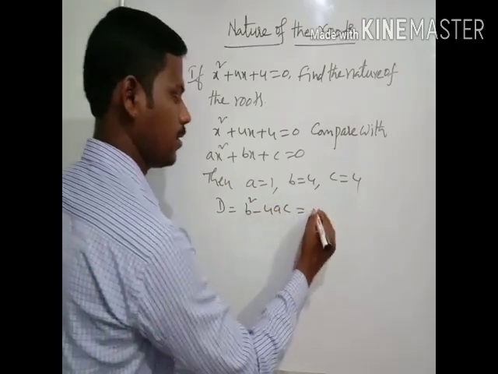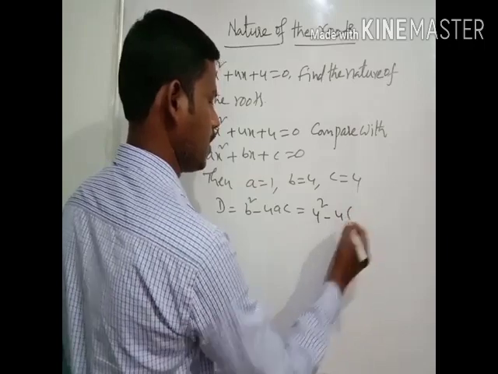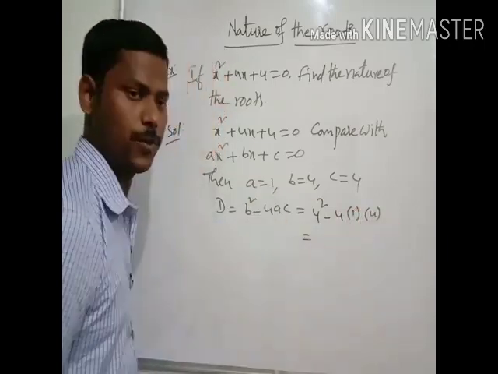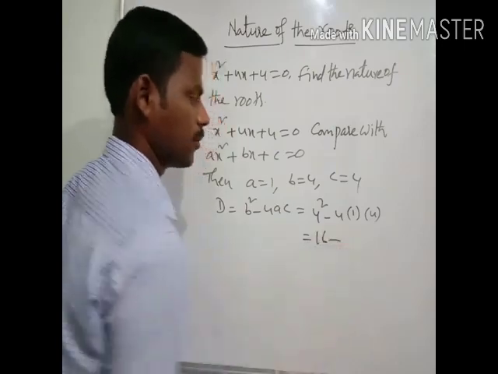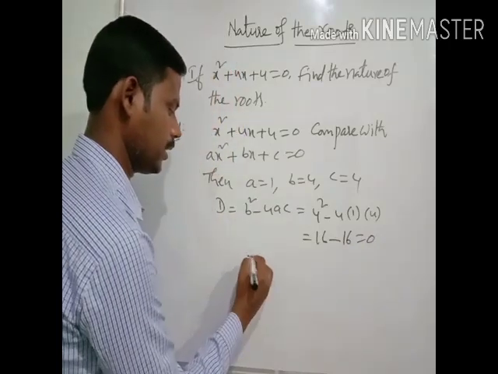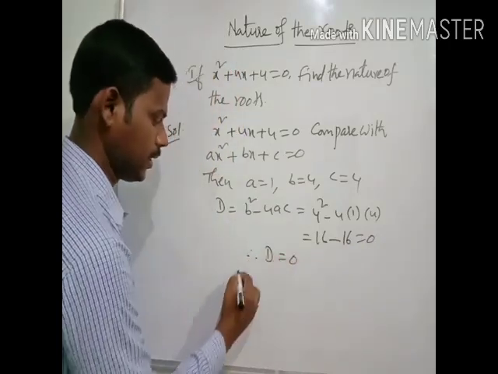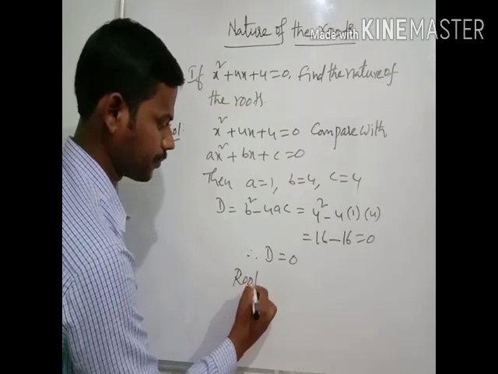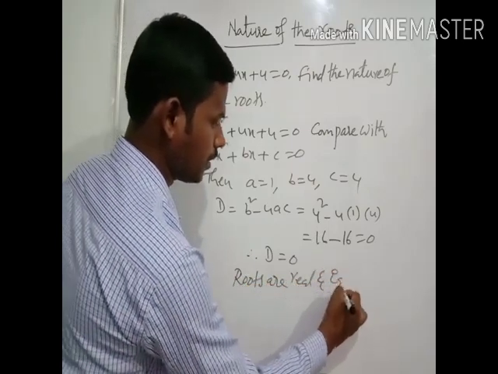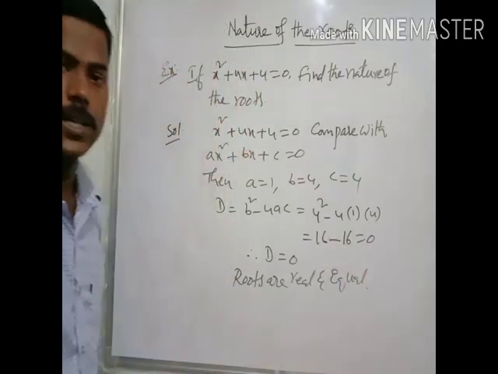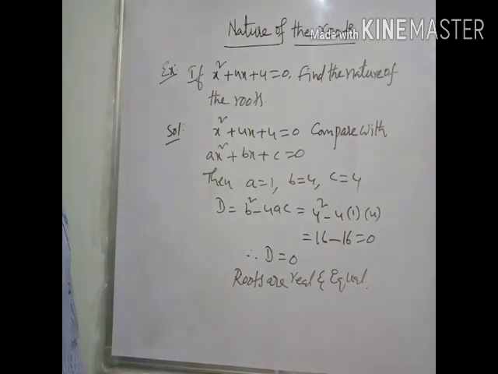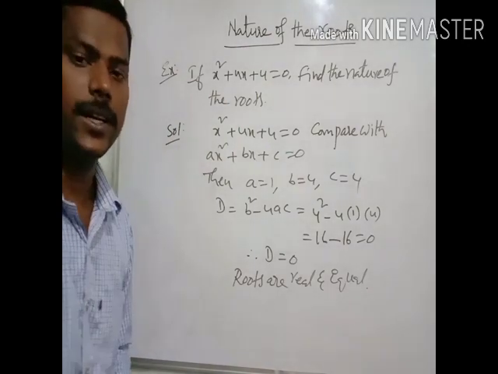So substitute here, 4 square minus 4 into a value 1 into c value 4. 4 4s are how much, children? 16 minus 16 equals how much? 0. That means D equals 0. The roots are what, children? Roots are real and equal. Understand? This is the way to find nature of the roots of a given quadratic equation.